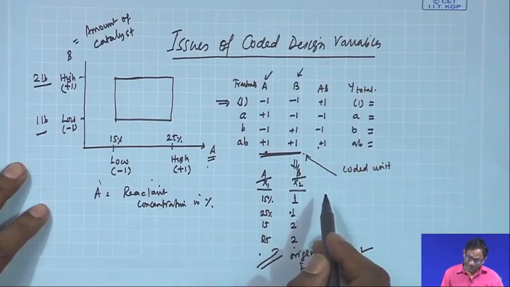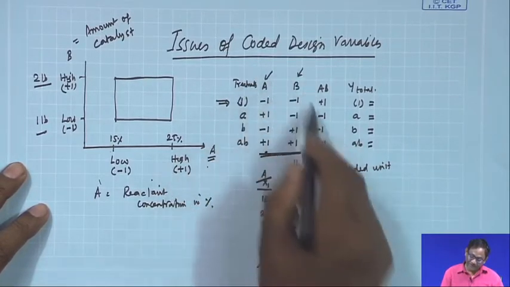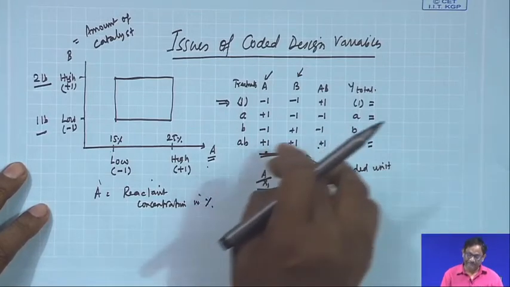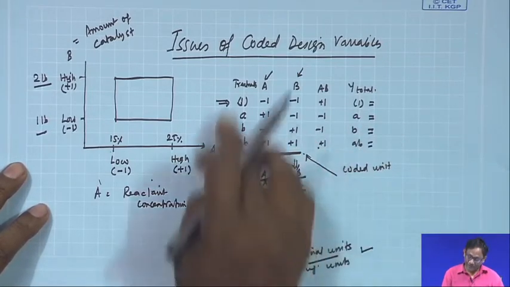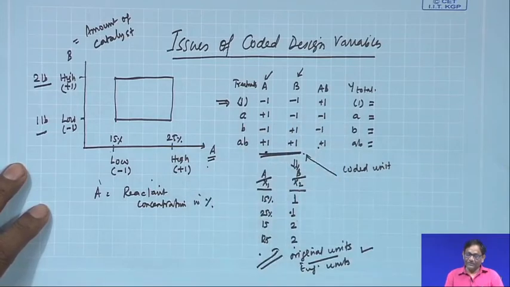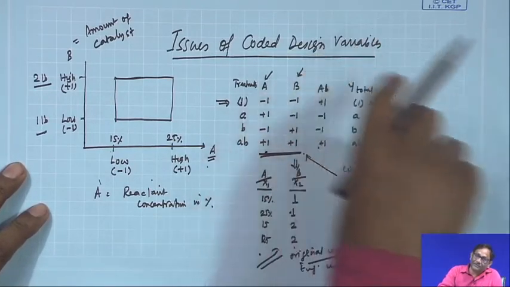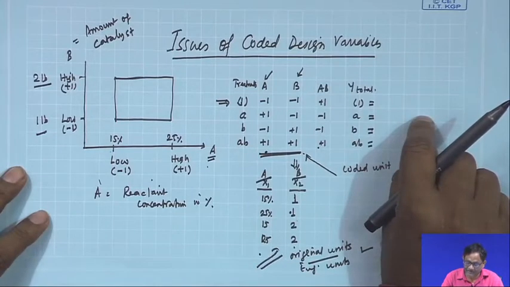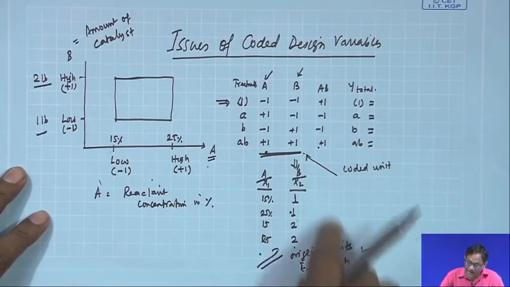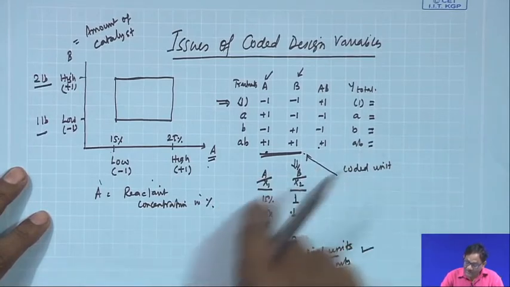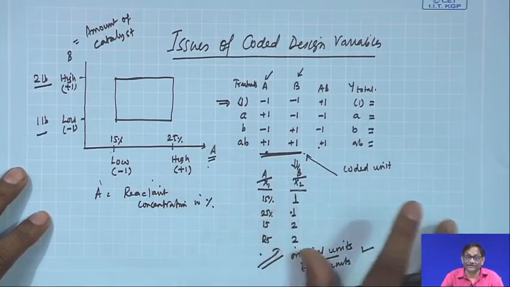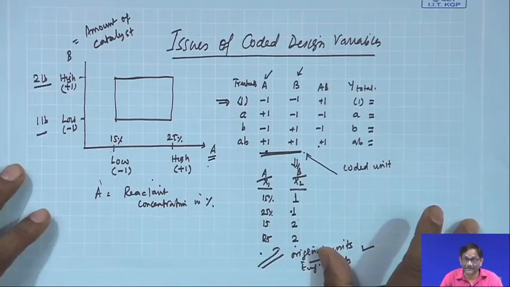Third, when you do regression analysis and develop the response surface or the effects, when the effects are computed by regression using coded variables versus using your original units, will there be any difference in the effects and their significance?